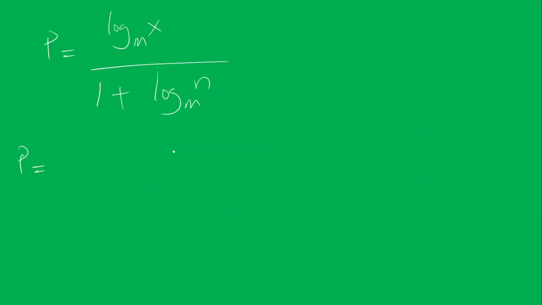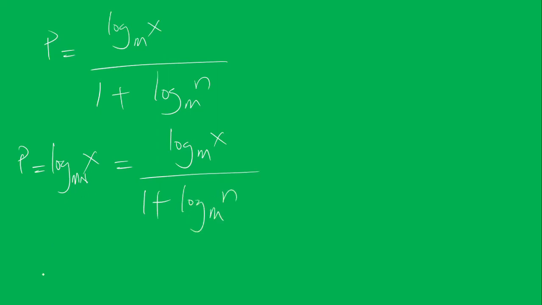So now let's go back. So log x base mn is equal to log x base m divided by 1 plus log n base m.